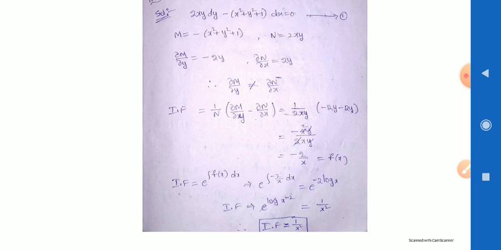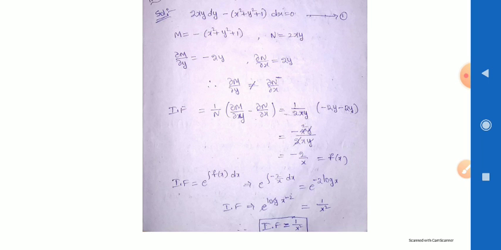Therefore taking the integrating factor, that is equal to e raised to the integration of f(x) dx, that is exponential of integration of −2/x dx. By doing integration with respect to x we get e power −2 log x. Then it can be written as exponential of log x power −2.